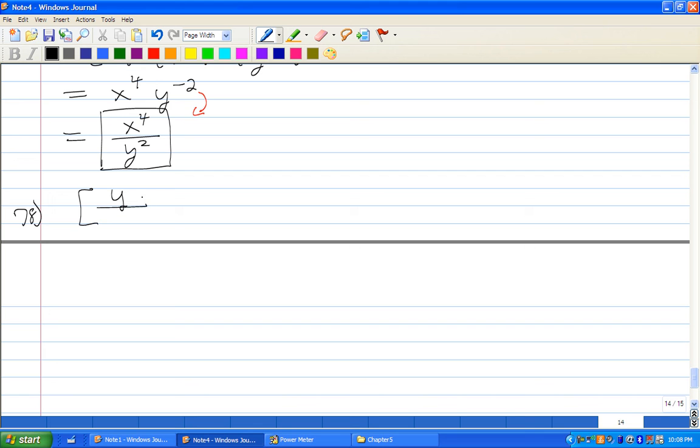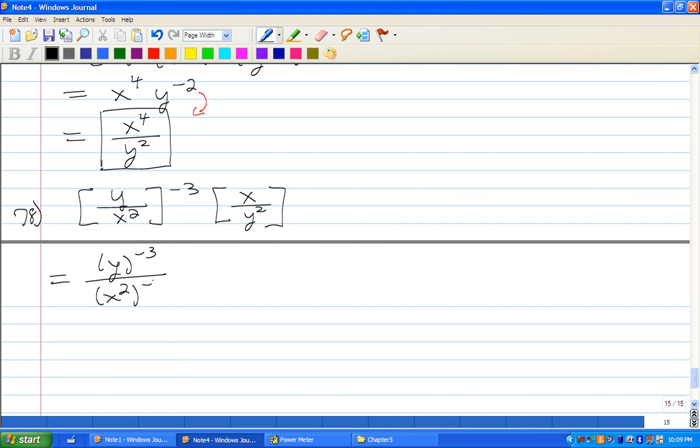Y over x squared to the negative 3, times x over y squared. So this is equal to, well, let's raise everything to the power negative 3. So this is y to the negative 3 over x squared to the negative 3, times x over y squared.